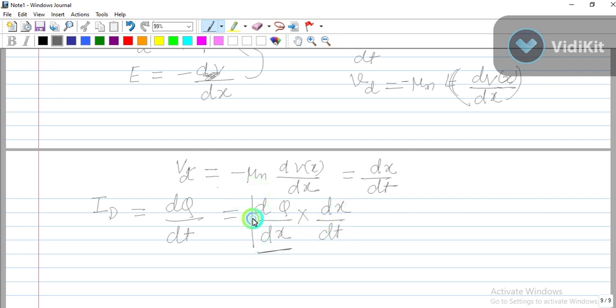This is nothing but the charge concentration which we calculated already. What was the value? See, the charge is negative, so we have to keep it negative.